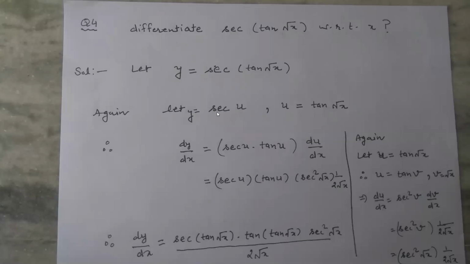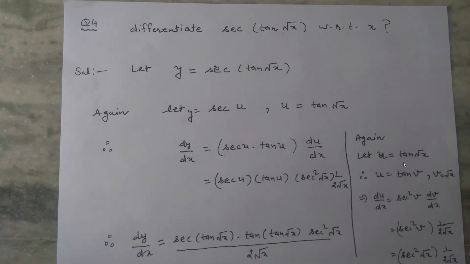So what is the derivative of sec u? The derivative of sec u with respect to u is sec u tan u. Thereafter, the derivative of u with respect to x. What is u? Here in rough work we can solve this. u is equal to tan of √x.